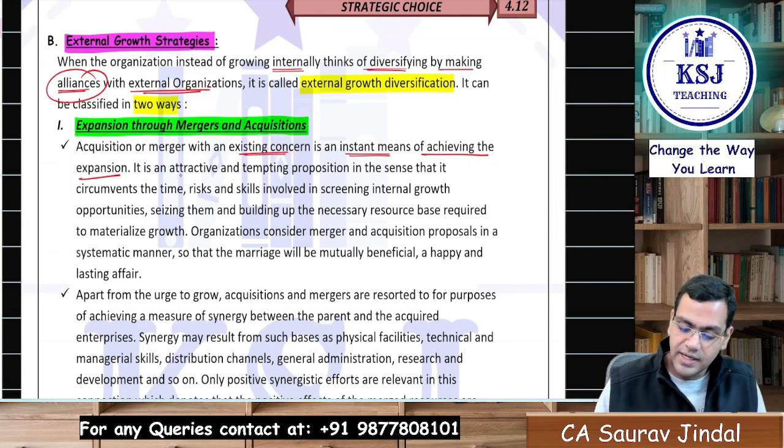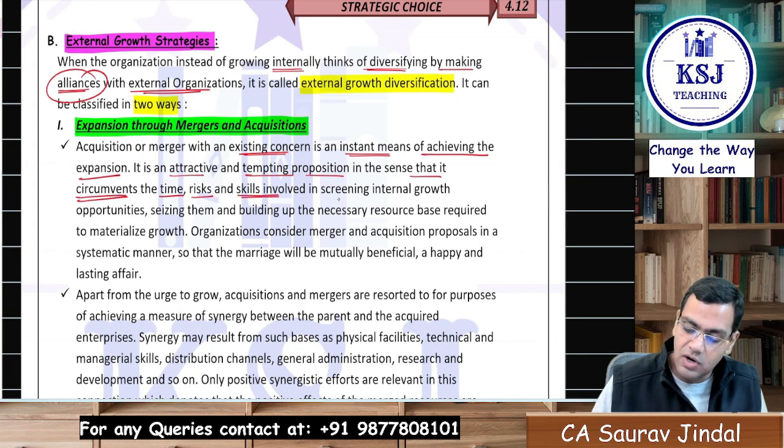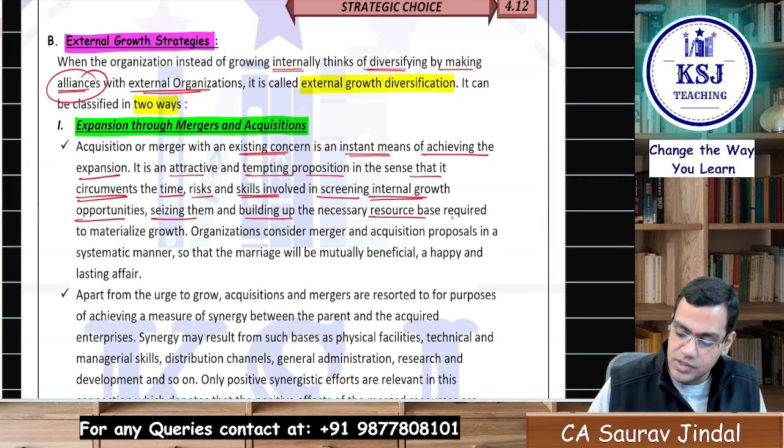It is an attractive and a tempting proposition in the sense that it circumvents, it bypasses the time, risk and the skills involved in screening the internal growth opportunities, seizing them and building up the necessary resource base required to materialize the growth, right?